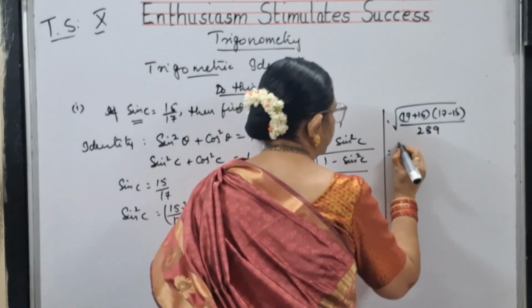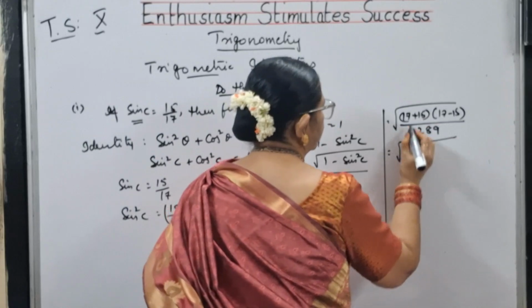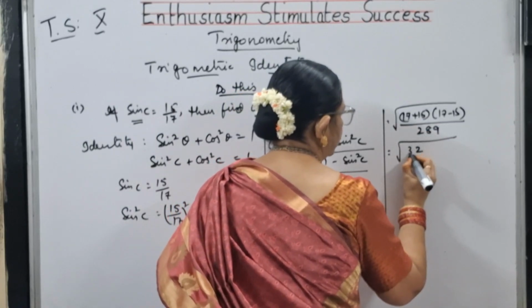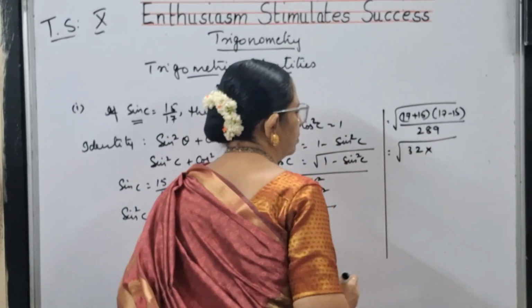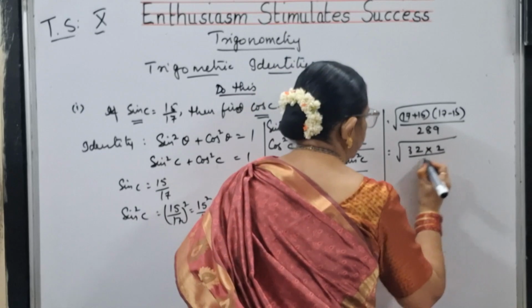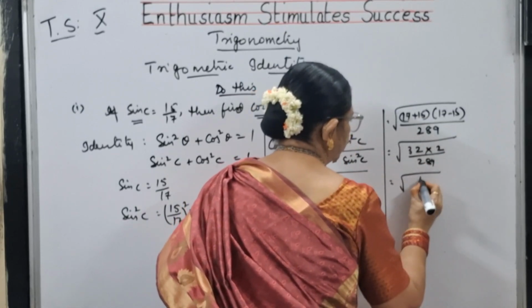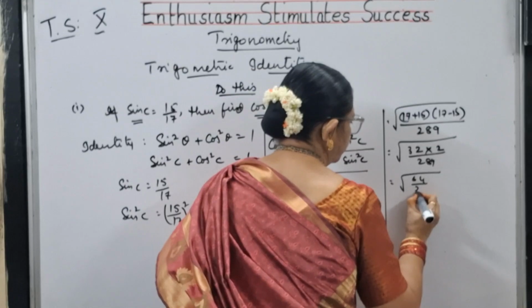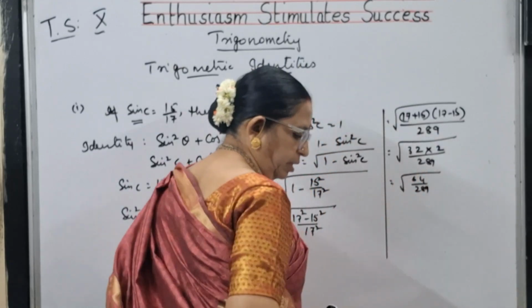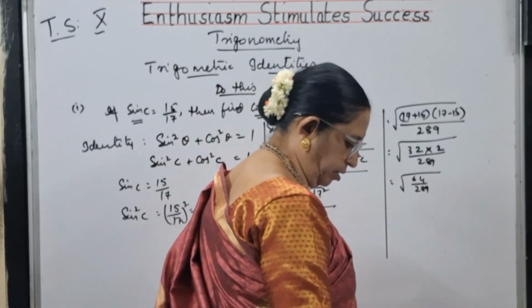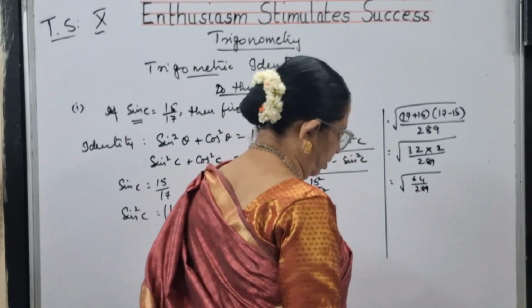So how much are you getting? Root of 32 into 2 by 289. That means root of 64 by 289 is the cos c value.